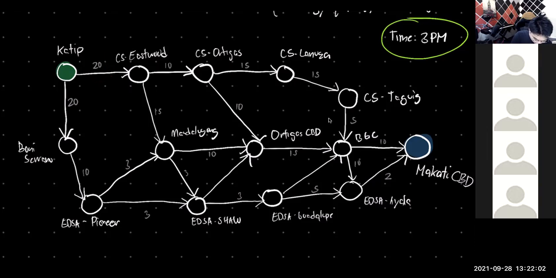And it looks like EDSA has the shortest amount of cost, the shortest amount of time, no, at 3 p.m. So while both C5 Eastwood and Boni Serrano have the same cost, we know at 3 p.m. that, okay, this is 20 plus 10, 30, 33, 36, 41, 43 minutes from Katipunan to Makati CBD at 3 p.m. At that moment, no? If there were no travel time involved, but that's not how things work.